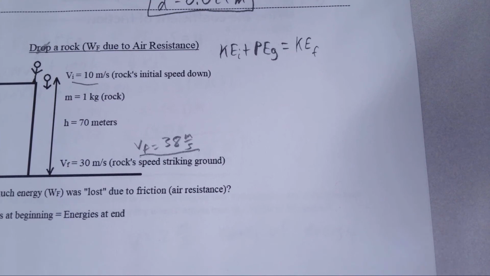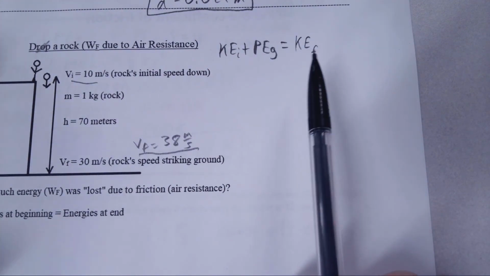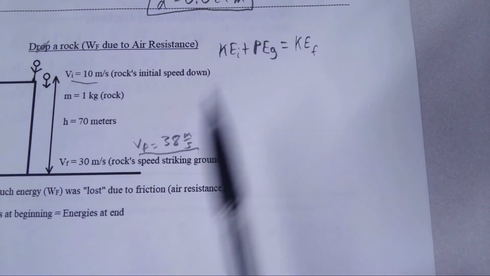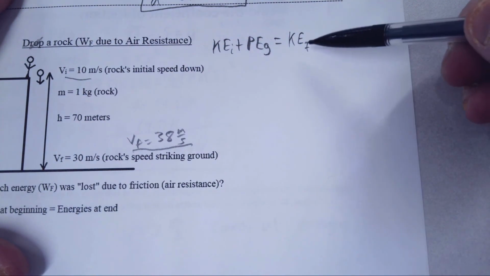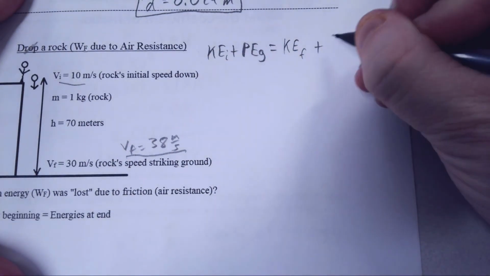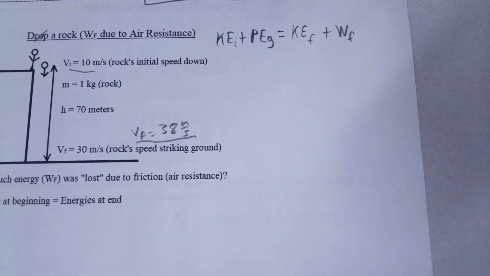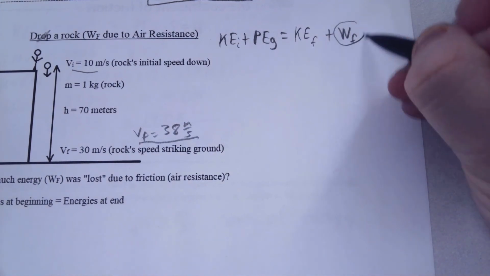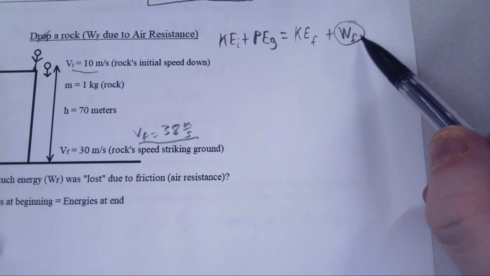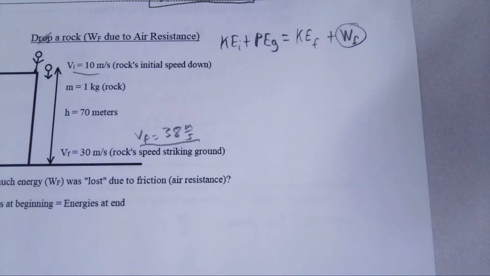If there was no friction at all, then these two energies on the left would equal the one on the right. But I'm telling you there's air resistance here, which is slowing it down, so not all of the energy is converted into kinetic. Some of it is being converted into work due to friction. We're not calculating the force or the distance, we're just asking what that is, because whatever it is, that's how much energy was pulled away due to air resistance.